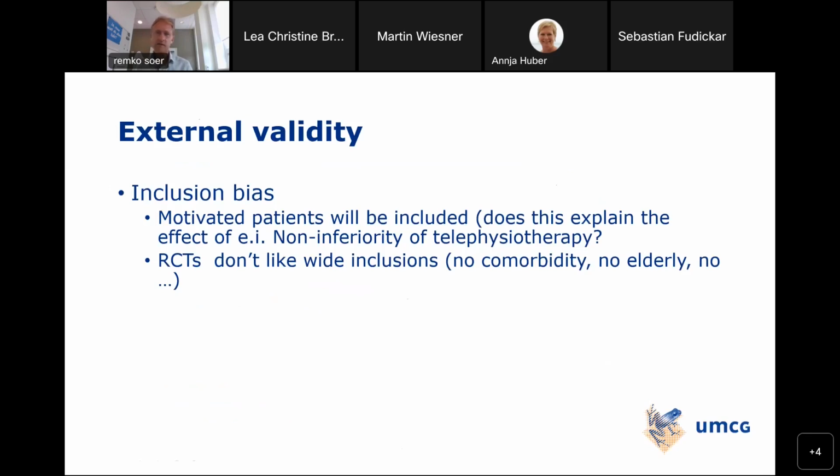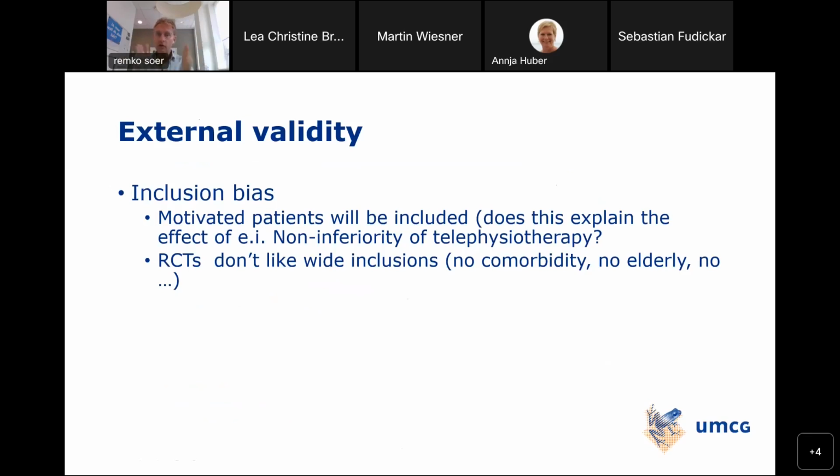And RCTs really don't like wide inclusions. What I said already, you need one single problem. So just the neck herniation, not on a different level. No two herniations, cannot be older than 65 years, cannot be any younger than 18 years of age.